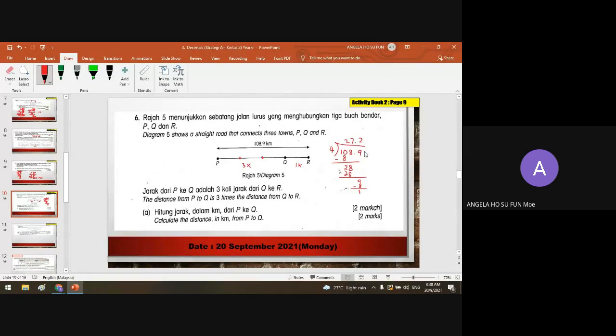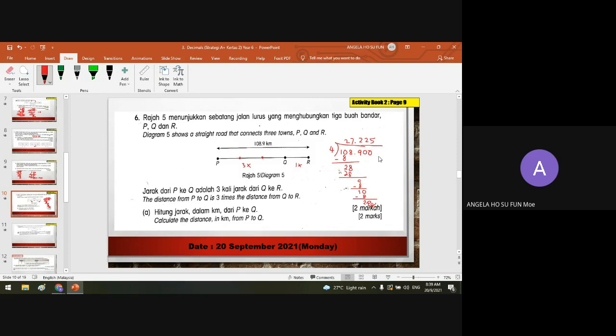Add a 0, bring the 0 down, become 10. 4 times 2 is 8 also. Minus, I still have 2 remaining. So I add 1 more 0, become 20. 4 times 5 is 20. Done, no remainder.